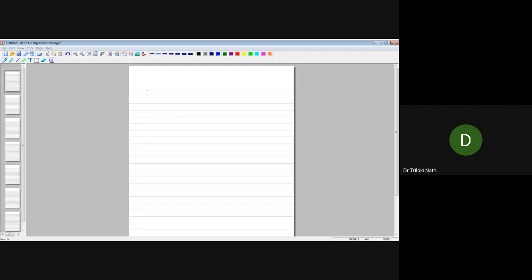So what is that? So this is an example. Okay, so let me write this, right? Suppose B is nothing but R3.